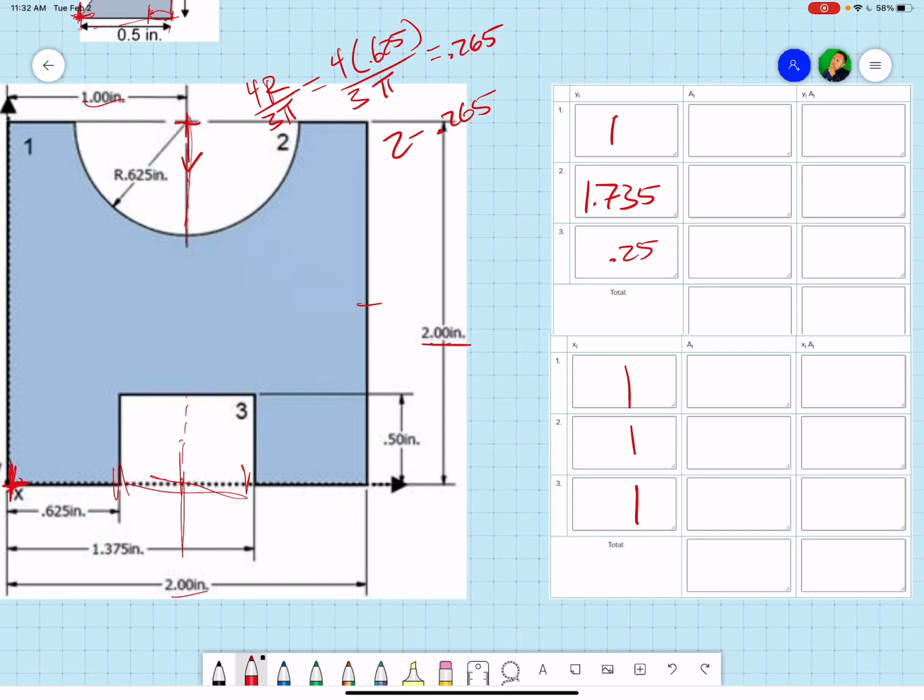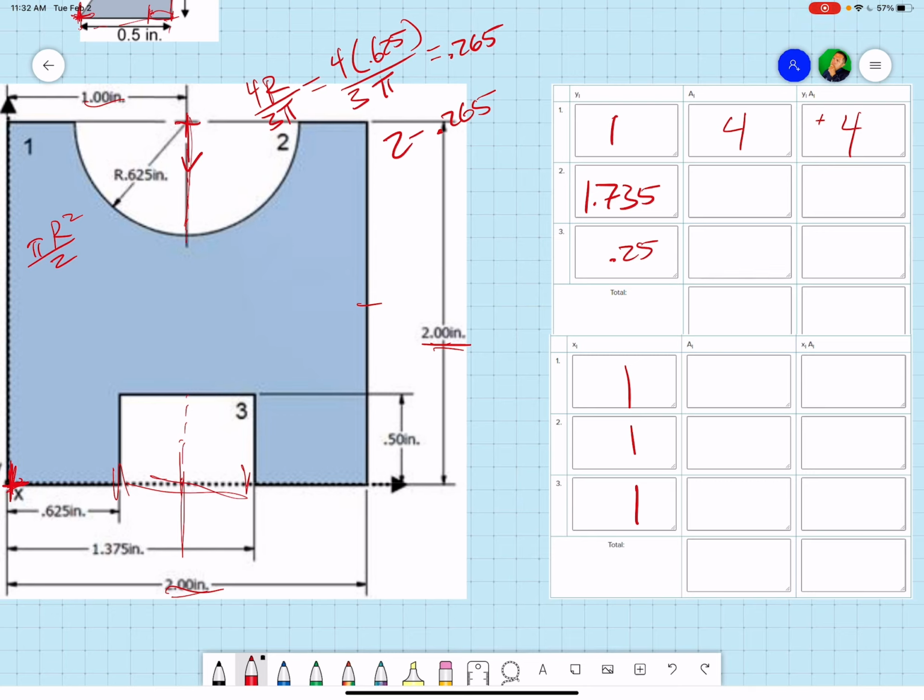Area of the rectangle 1 will be 2 inches times 2 inches, which is 4 square inches. So 1 times 4 is 4. That's a positive. All right. Area of the semicircle will be pi r squared if it was a full circle, but it's a semicircle, so you got to divide that by 2.